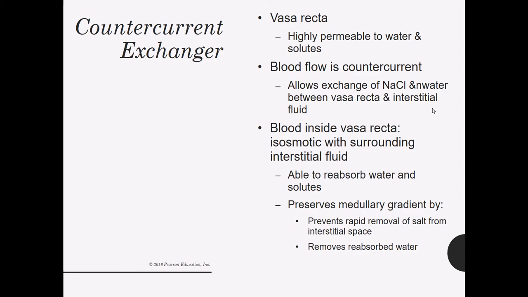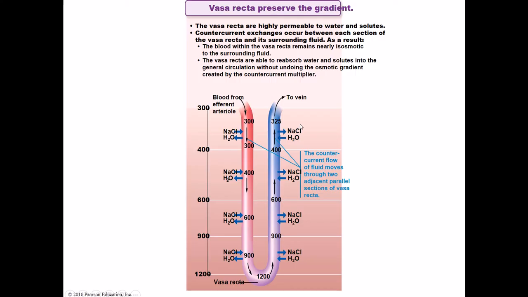That again helps keep our gradient. So if we look, we're getting exchanges of sodium and water pretty equally. And if we look at the osmolality of the blood, you'll see it's pretty similar to the surrounding interstitial fluid.